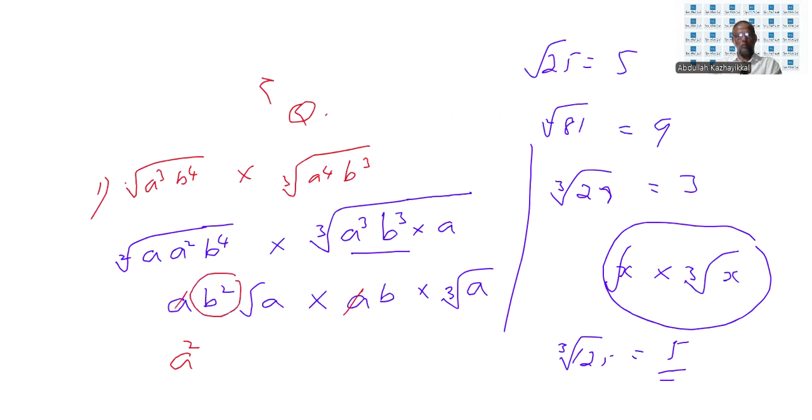B is 2 plus 1, that means B cube. A to the power of M into A to the power of N is A to the power of M plus N. Here 2 plus 1, B means B to the power of 1, so B cube. There is no confusion.